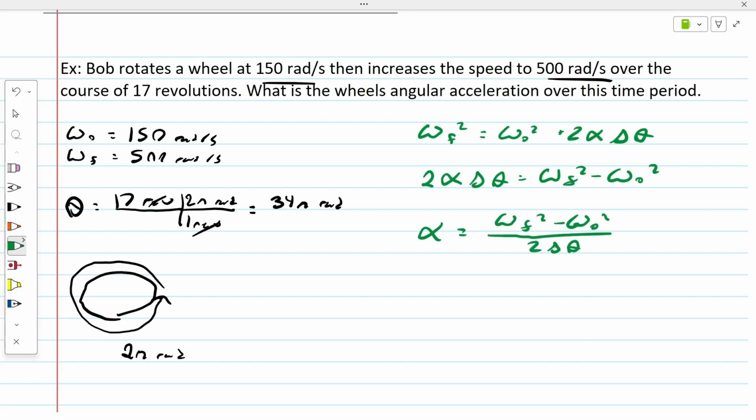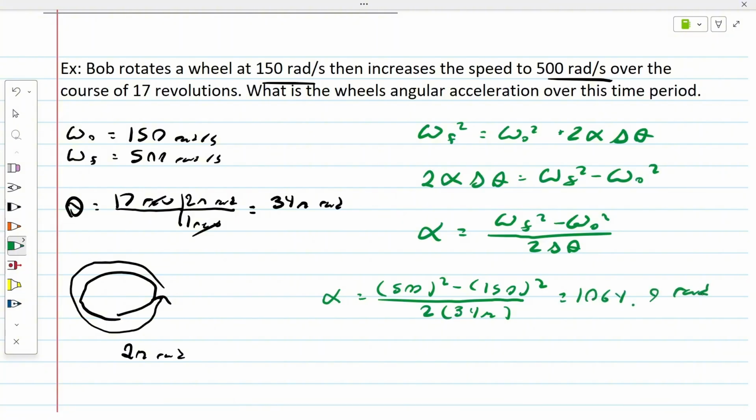Since we have all these variables, we can plug them in: 500 squared minus 150 squared over 2 times the 34 pi. If we plug all that in, we'll get 1064.9 radians per second squared, and that'll be our final answer.